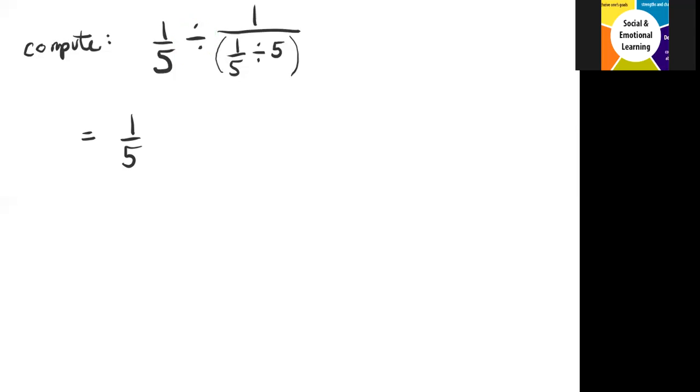So if I have a multiplication now, what do I write for the second? What am I writing here?